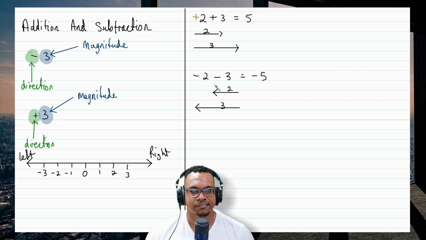In negative and negative, yes, you're going to add, but the answer is not positive, the answer is negative. Whatever sign the two numbers share, the answer takes that same sign. If the two signs are positive, the answer is positive. If the two signs are negative, we are going to add, because the signs are the same, but the answer will be negative.